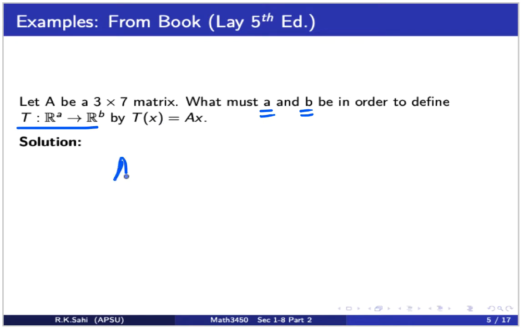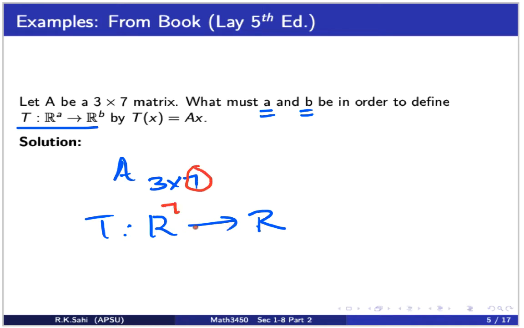So remember, my A is a matrix of size 3 by 7. So the corresponding matrix transformation is going to be from R7 to R3. Remember, we just talked about how the number of columns of the matrix A will be the corresponding domain of the matrix transformation, and it will be R7, and the codomain of this matrix transformation is going to be R3.